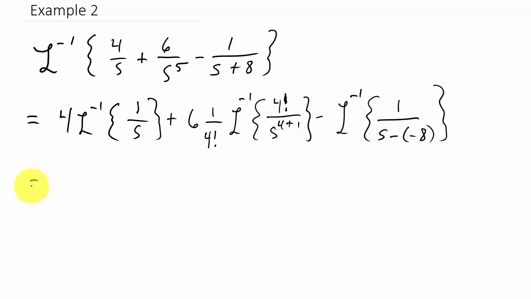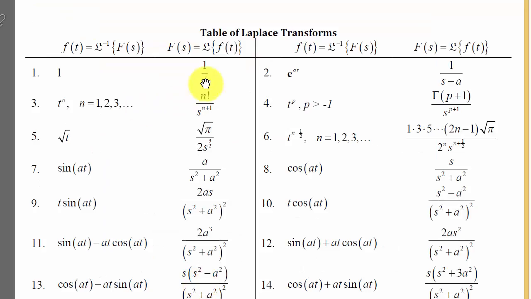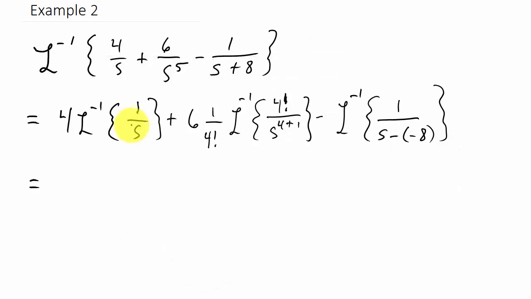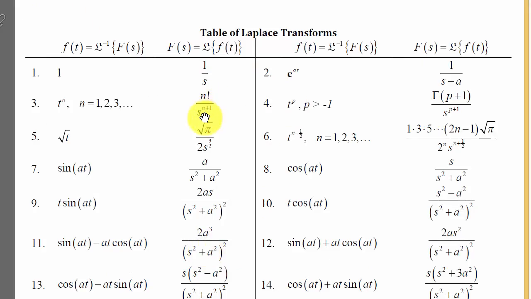Okay, so for our table, I have 1 over s is 1. So 1 times 4 is 4. Plus, and then look at this one, 4 factorial over s to the 4 plus 1. Well, n is 4, so that would just be t to the 4th.